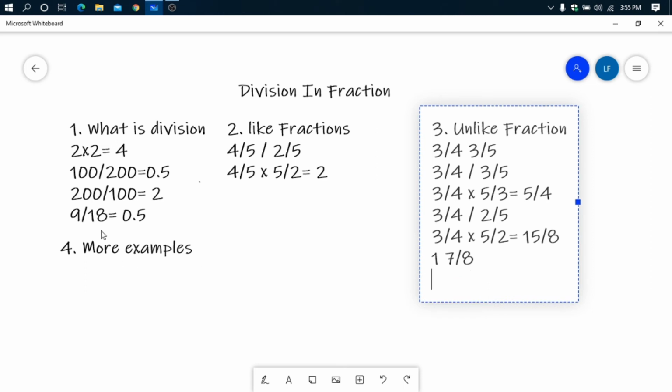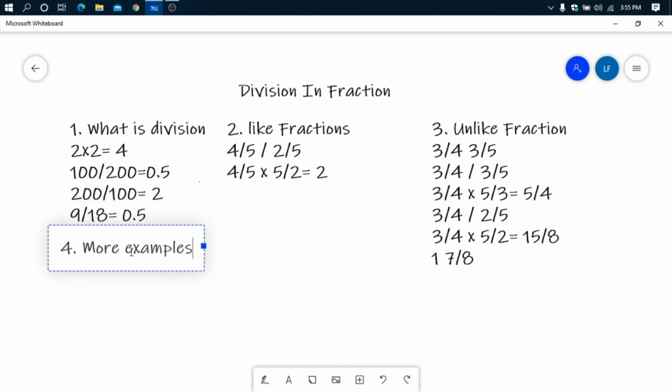Let's take more examples. Okay, so let's say proper fractions: 3 by 4 divided by 2 by 4. In this, it's very easy. In that case, you have to take the reciprocal.